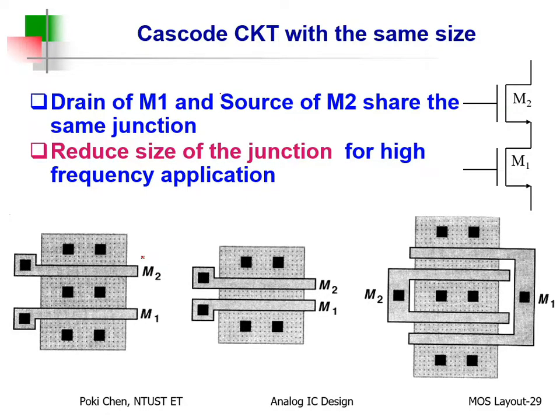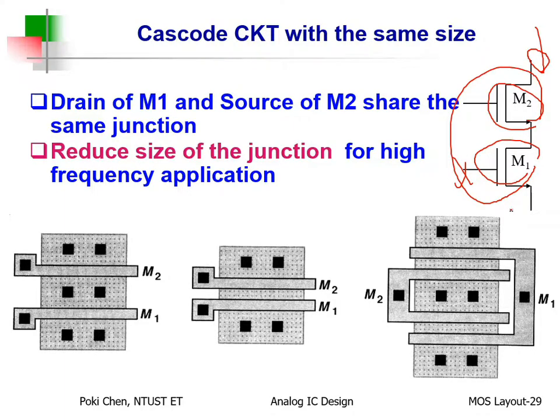You can see, for example, that is the so-called cascode structure, right? M1 for current control and M2 for cascode to increase the output resistance very much. However, you can see where you need to connect the nodes.